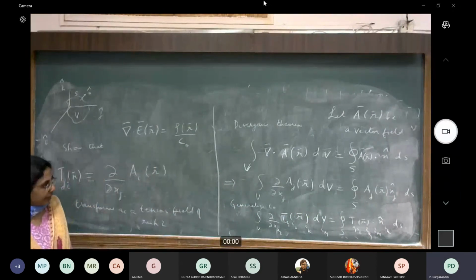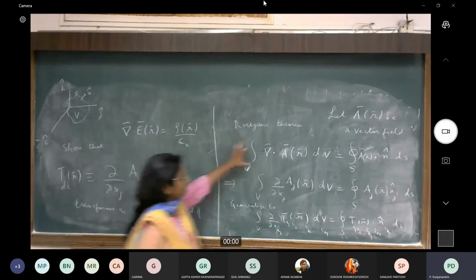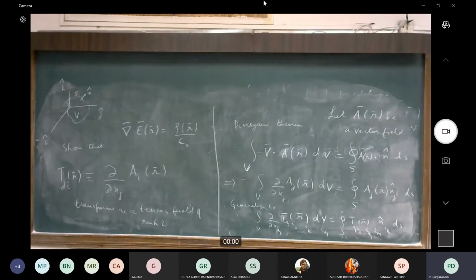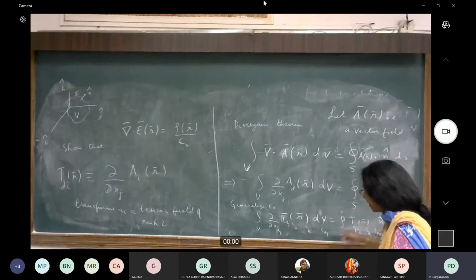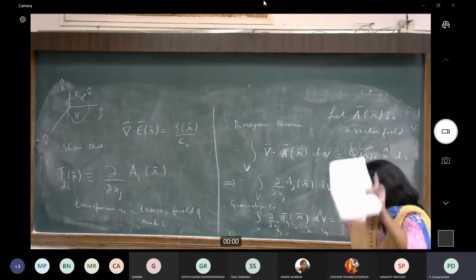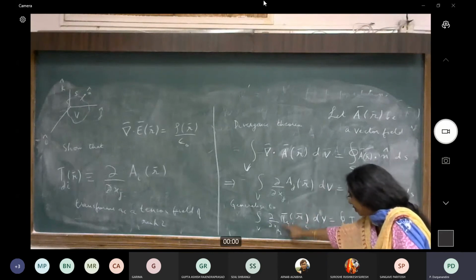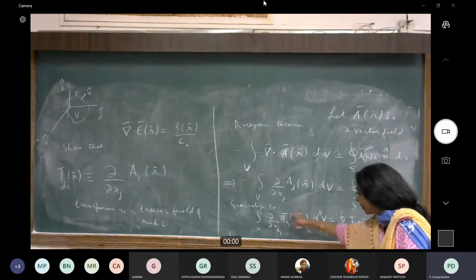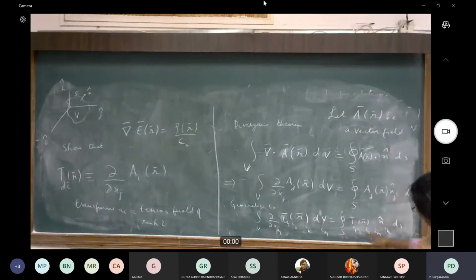So I can generalize my Green's theorem, and in fact I'm also going to do Stokes theorem. The Green's theorem converted the integral of a divergence to a surface integral, that's what it did for a vector field. Now what we are doing is generalizing that: you can think of it as a contraction with this del by del xi operator of a tensor field of rank n to a surface integral.